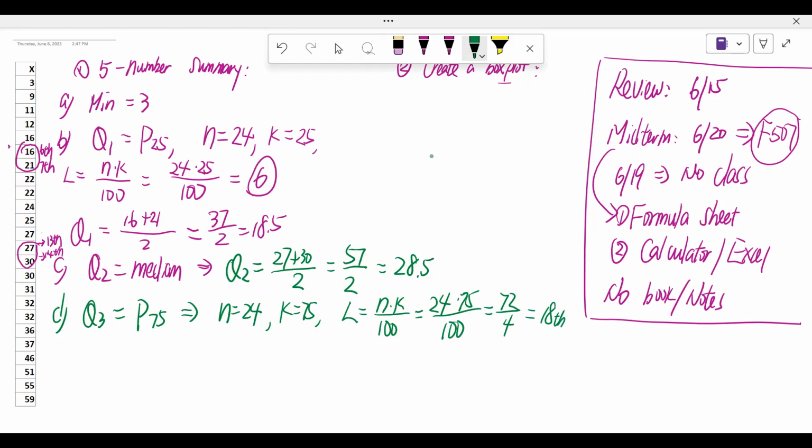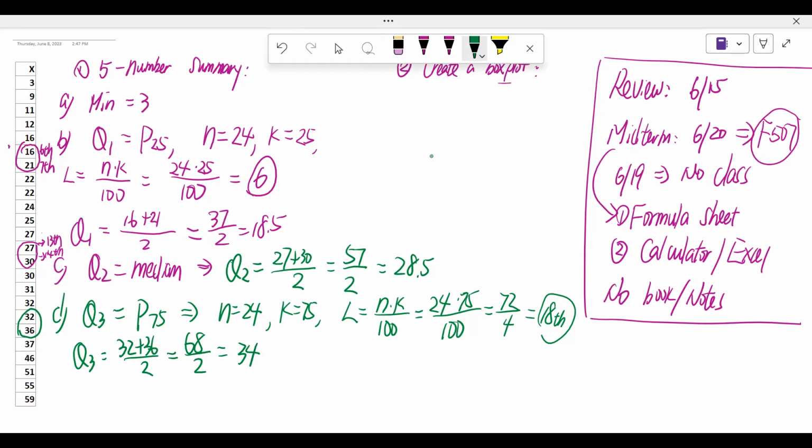So again, it's a whole number, so you average the 18th and 19th data. Which number is 18? 32 plus 36. Exactly. Those two, that's the 18th and 19th. That's quartile 3. So quartile 3 is 32 plus 36, and then you get 68 over 2, 34.